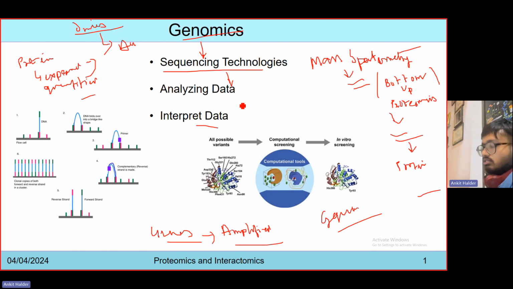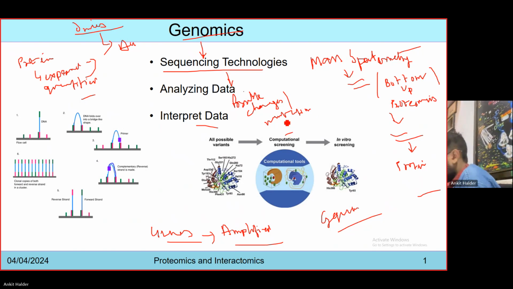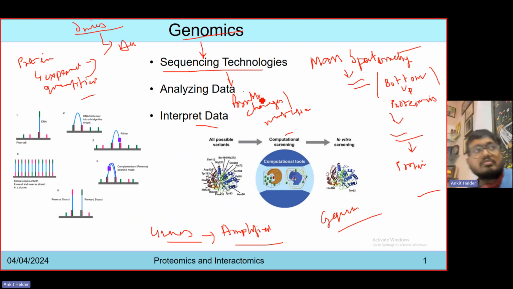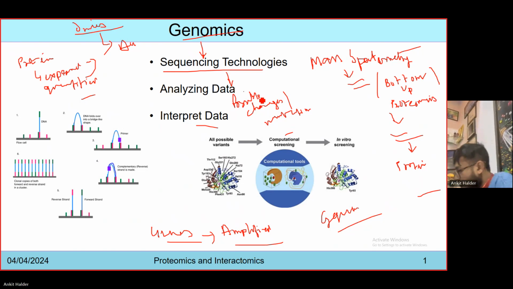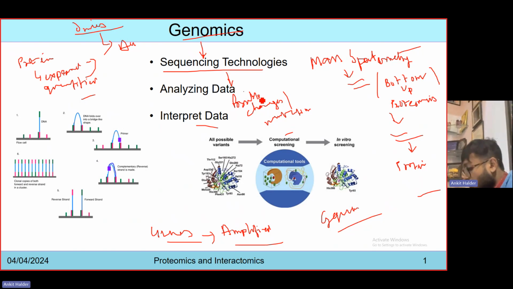So most of the thing to know is what the possible changes are, the possible changes or mutations or variations that are present in a disease condition or a normal condition.